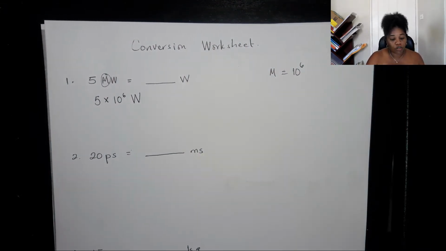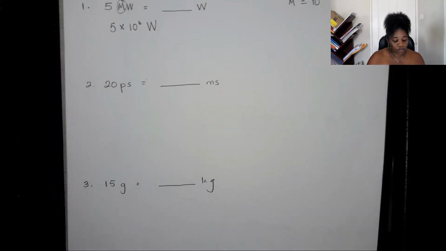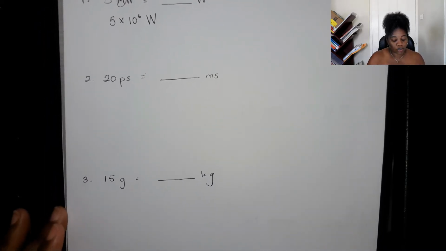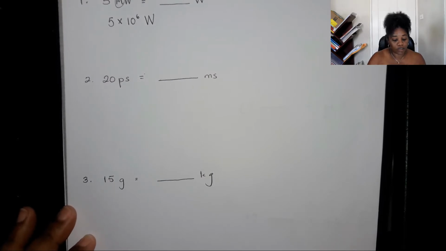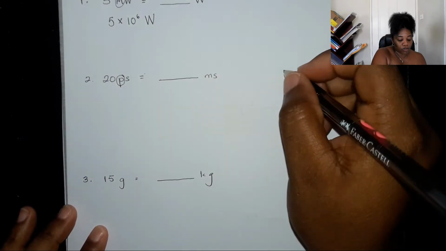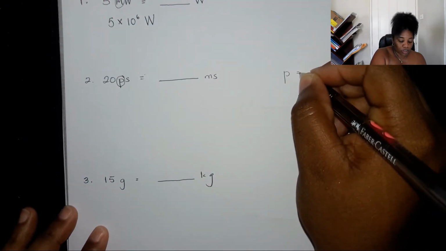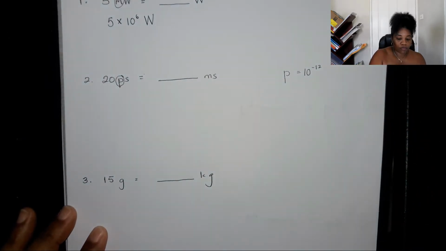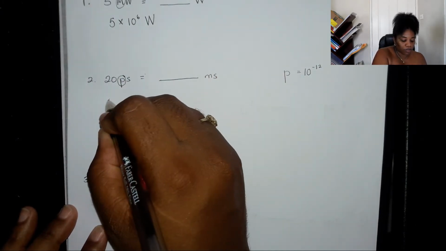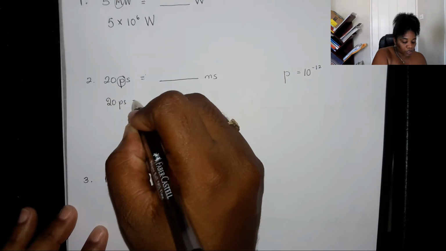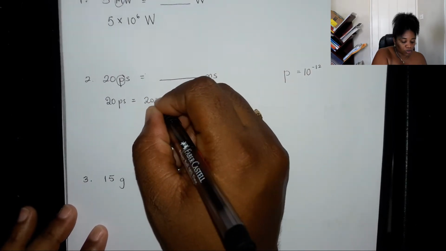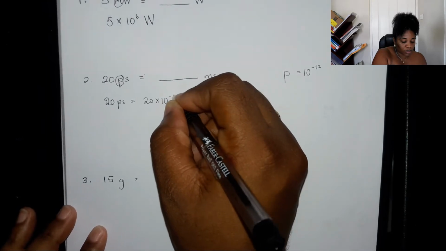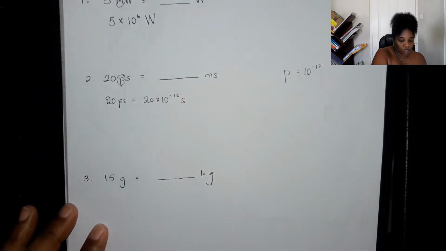And here we're going from a coined unit to another coined unit. So here we have 20 picoseconds is equal to milliseconds. And remember what I told you. First, you remember what pico is equal to. A pico is equal to 10 to the negative 12. So we want to get rid of pico. We're going to say 20 picoseconds is equal to 20 times 10 to the negative 12 seconds.